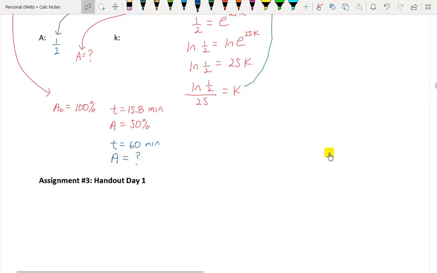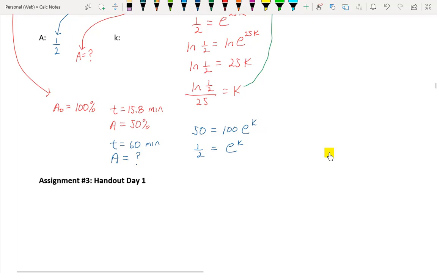All right, so let's plug in and see what we got. 50%, that's my amount after the half-life, equals the initial amount, 100%, times e to the power of k times t. If I divide out the 100 on both sides, you can see I still get a half equals e to the k times t. Oops, and did I put in t?